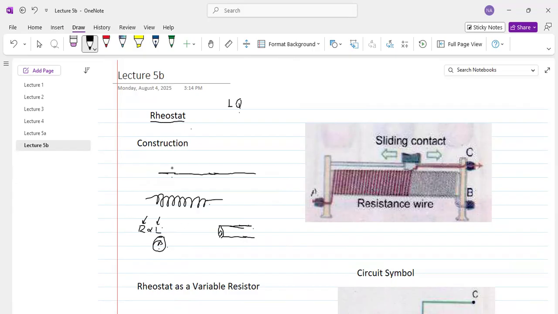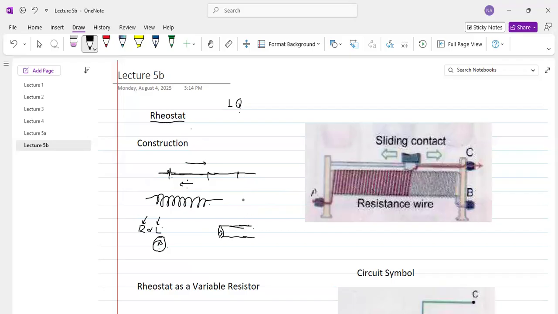What does this mean? This means that if more length of the wire is taken, then there will be more resistance. If less piece of wire is taken, then there will be low resistance or small resistance as compared to the long piece of wire.